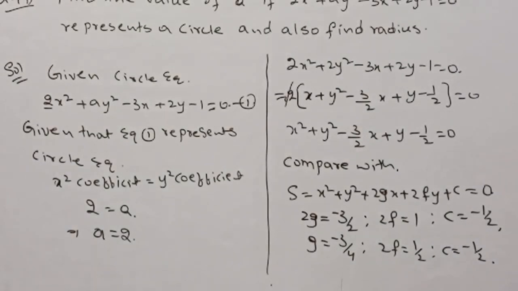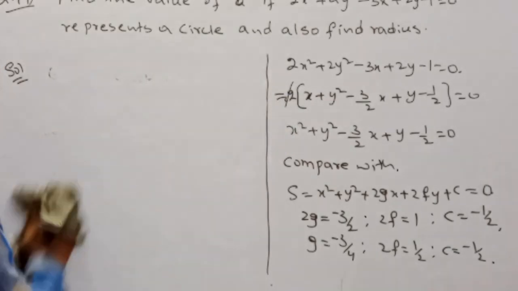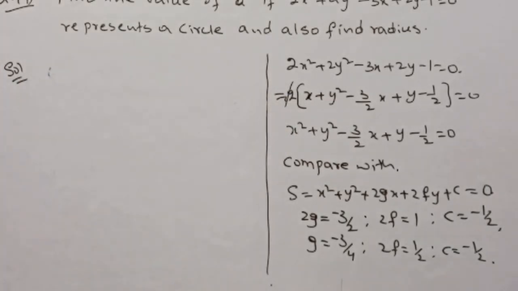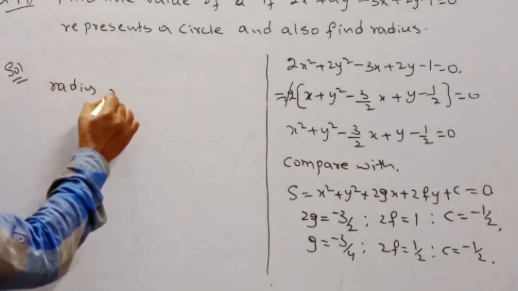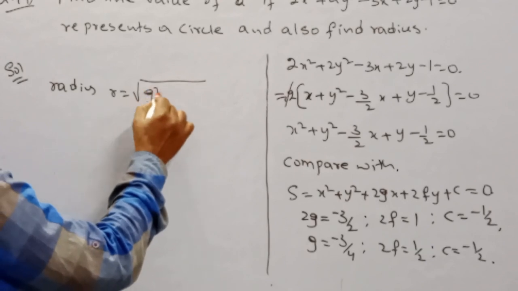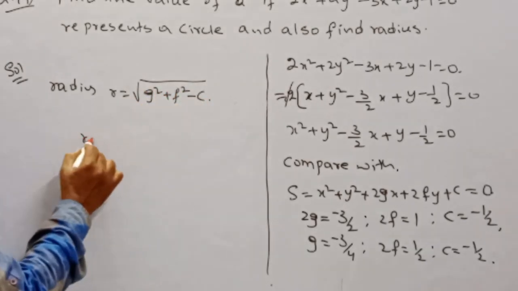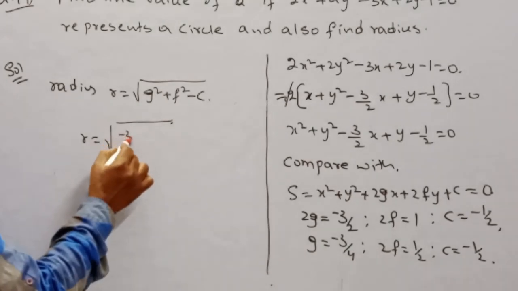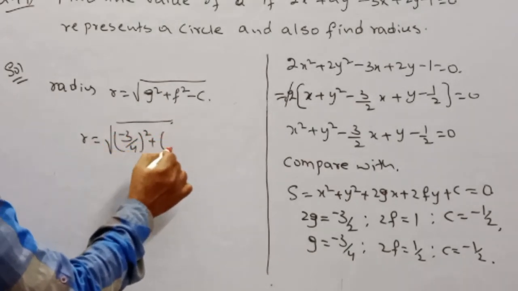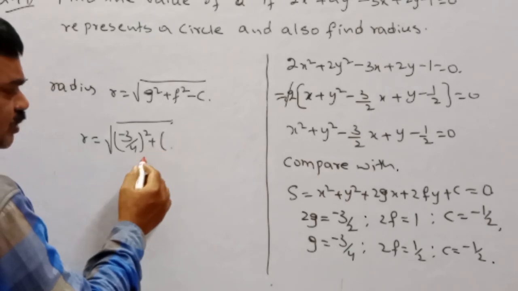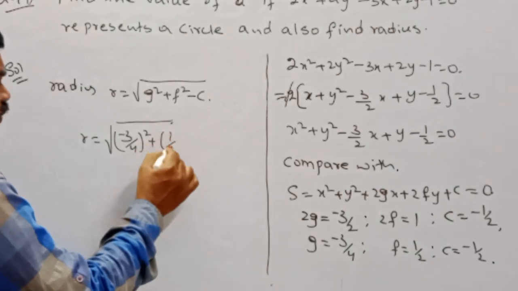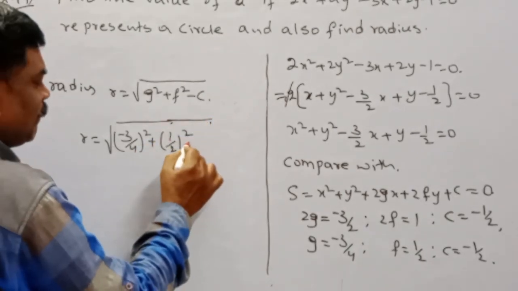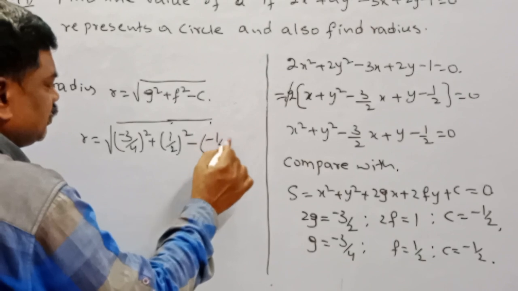Now we have to find the radius of the circle. What is the radius of the circle? r is equal to root over g² + f² − c.